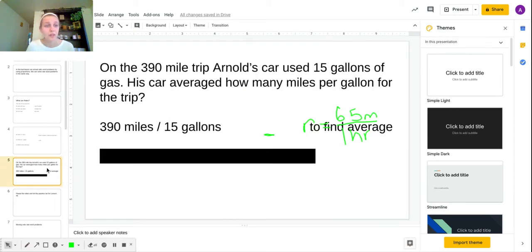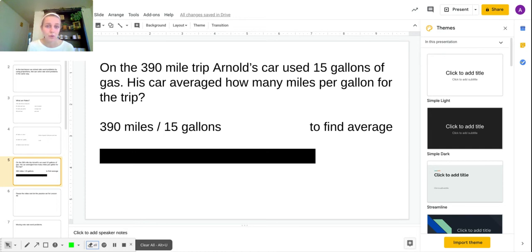Okay, so let's try a problem that's just using rates. It's kind of a word problem, but it's not as in-depth. On a 390-mile trip, Arnold's car used 15 gallons of gas. His car averaged how many miles per gallon on the trip?